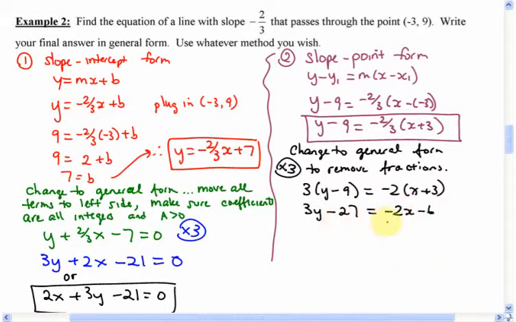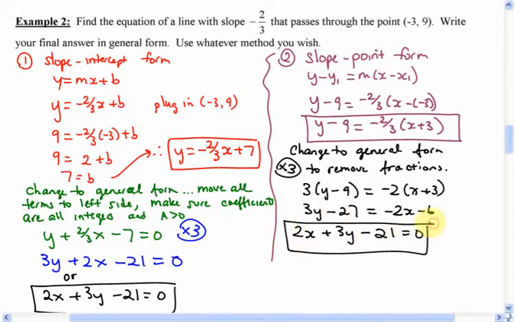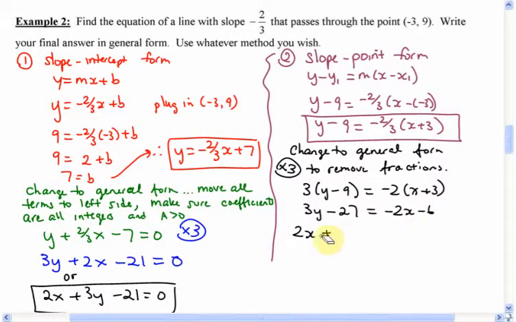And then, of course, you move all the terms to one side. So 2x plus 3y minus 21 equals 0. I guess I should have shown you a few more steps, eh? This is not good when I become lazy. So 3y minus 21 equals negative 2x.